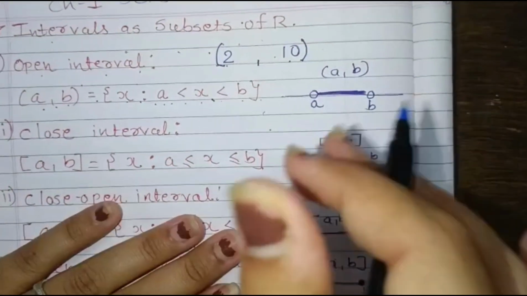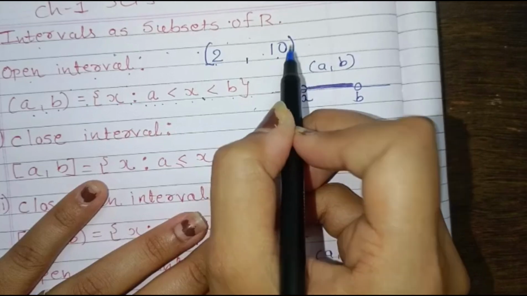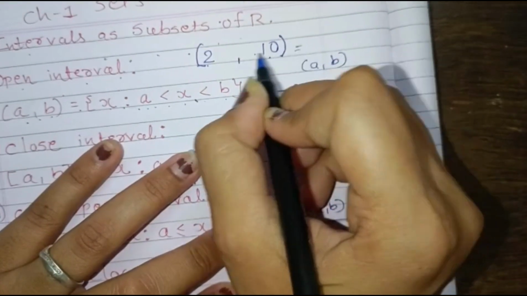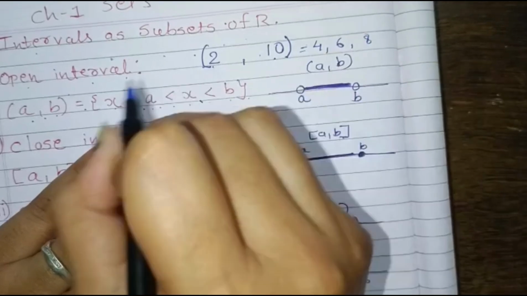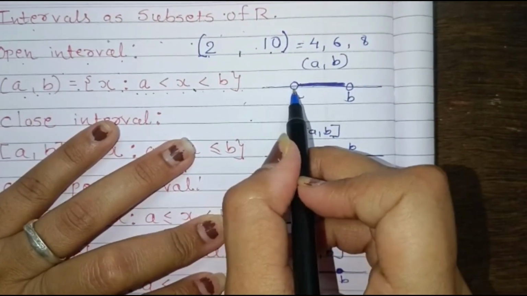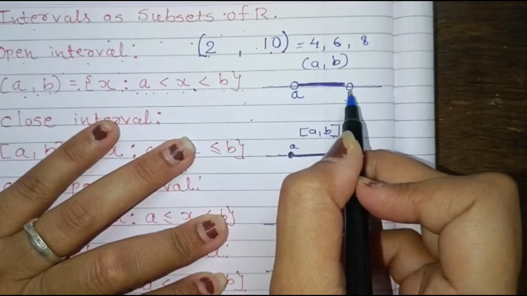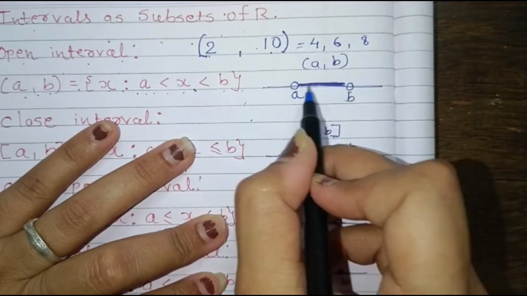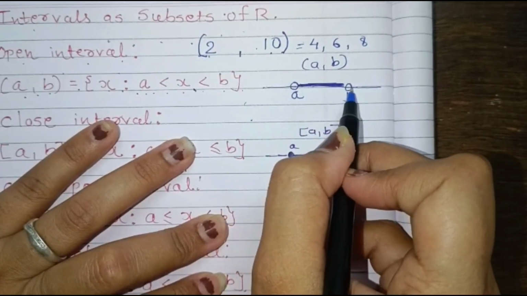If you write the list of all the even numbers between 2 and 10, it is 4, 6 and 8. On the number line, you can draw like this: a not included, b not included. Between a and b, all the numbers are included.